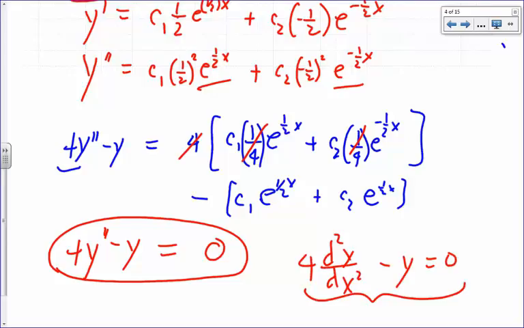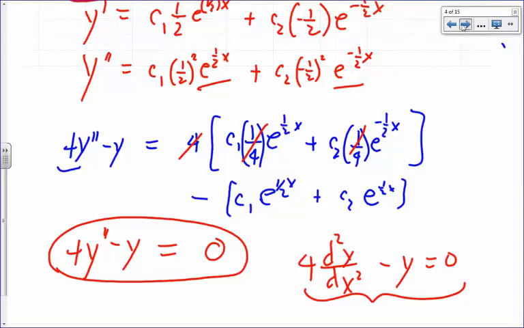This is an equation that has a derivative of y in it, the second derivative. So your goal in a differential equation is to solve for y, the function. If there's a derivative in your equation and you want to solve for the function, that's called a differential equation.